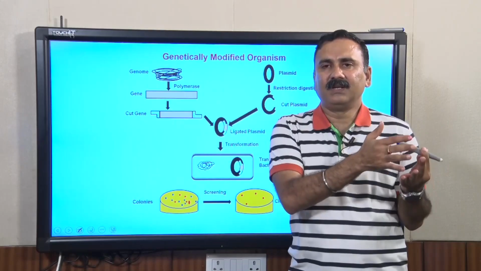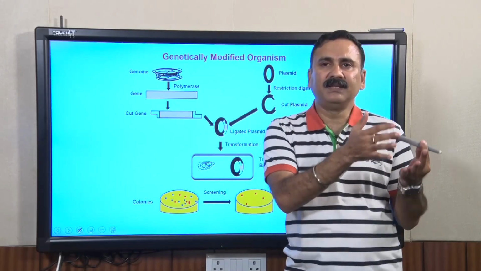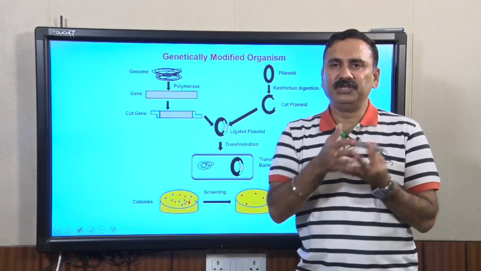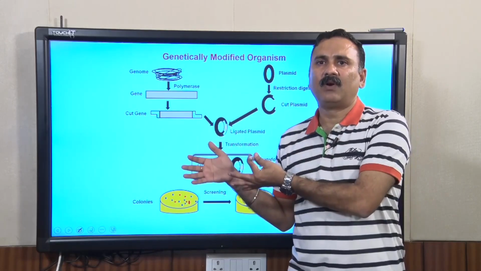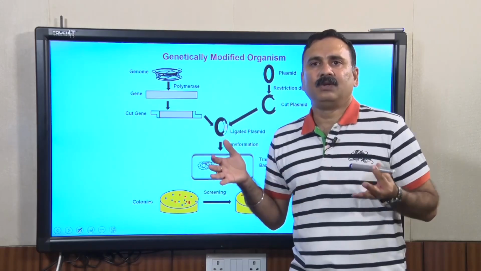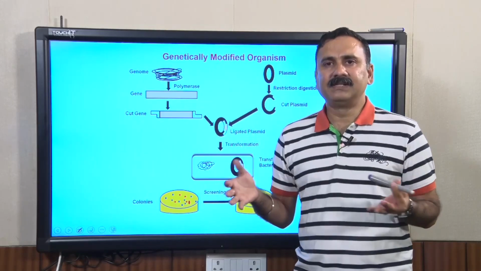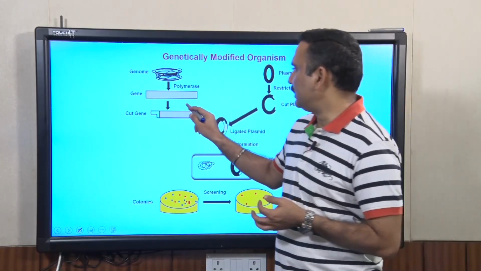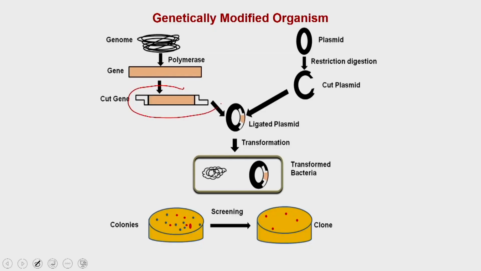So, from the host side we discussed how to isolate the gene, and from the vector side we discussed how to process these vectors and generate the sticky ends. You have isolated the gene, and you have generated the sticky ends with the help of restriction enzymes.